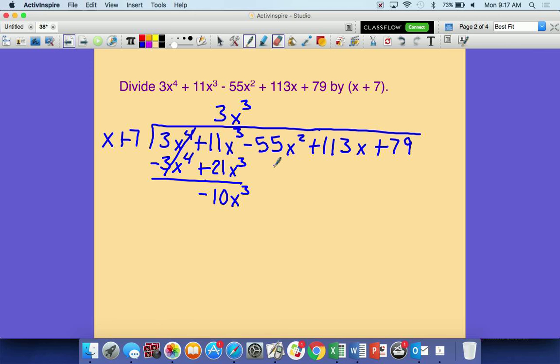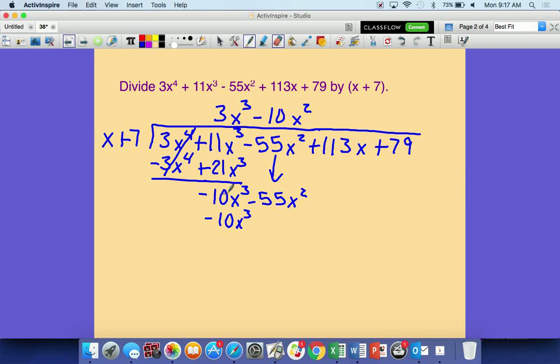Our next step is to drop our next one. So we drop this negative 55x squared. How many times does x go into this? This will be a negative 10x squared.